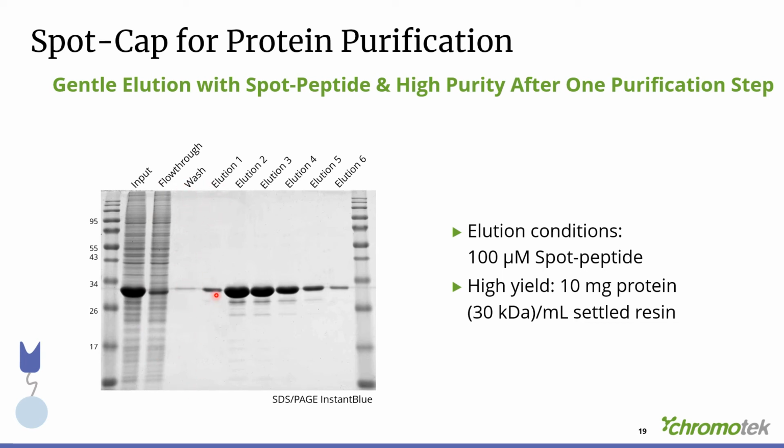Here we have the elution applying 100 micromolar of Spot peptide, and then we have done 5 elution steps, and you can see there is a high yield: 10 milligram of a 30 kilodalton protein can be bound and purified per milliliter of settled resin. What's remarkable is that there is hardly any background. It's highly specific. These faint bands that you can see here are degradation bands of the Spot-Cap.